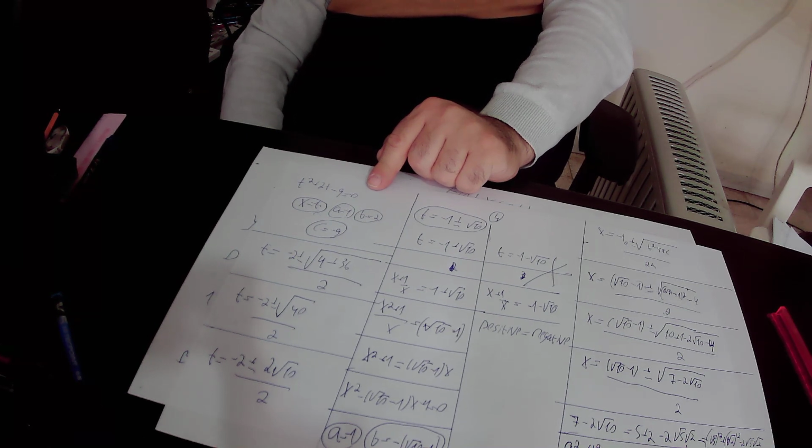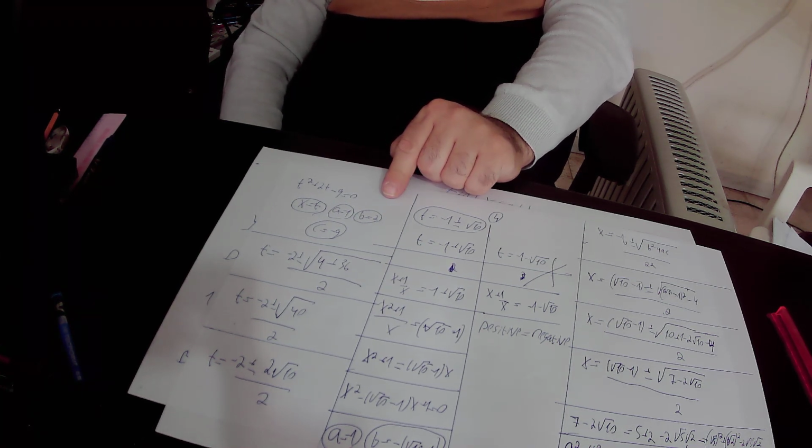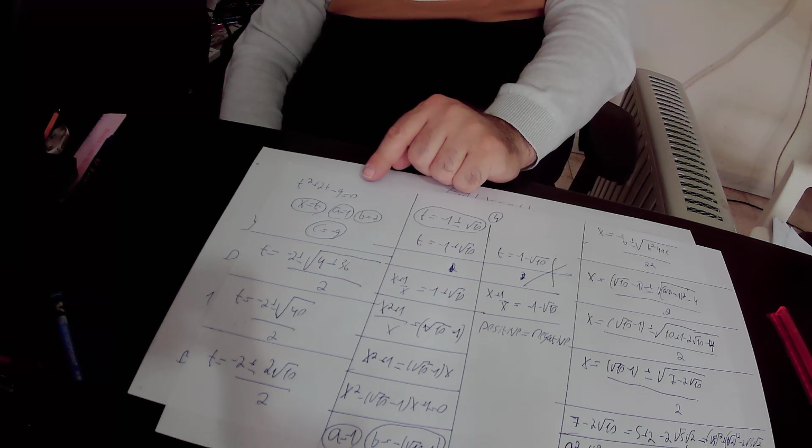Here the variable that we are looking for is t, so x corresponds to t, the coefficient a equals 1, the coefficient b equals 2, and the coefficient c equals minus 9. So all that is left to do here is to put the data inside the formula, and we'll find the values of t.